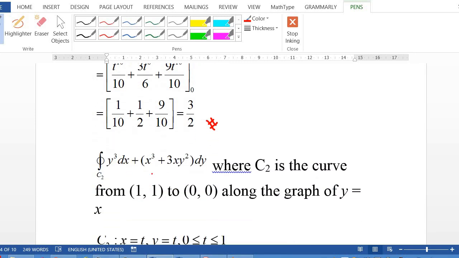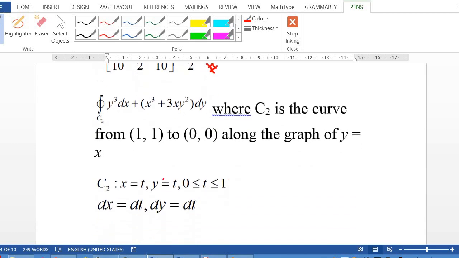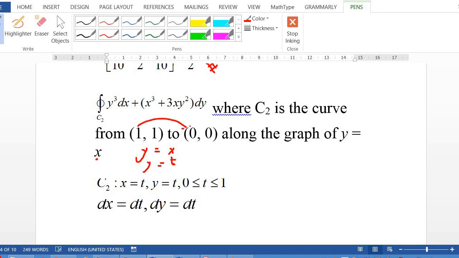Later, along the curve C2, where C2 is a curve from (1,1) to (0,0) along the graph of y = x, you let x equal t, hence y equal t. x is t, y is t. x moves from 1 to 0, hence t also goes from 1 to 0.